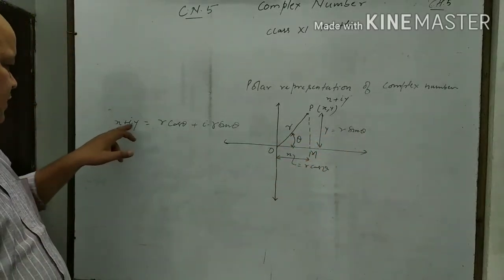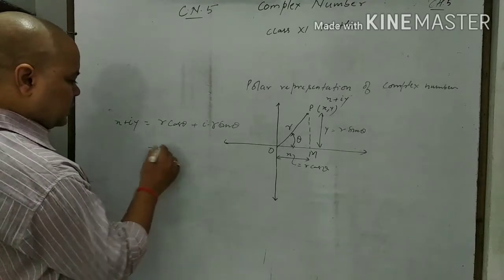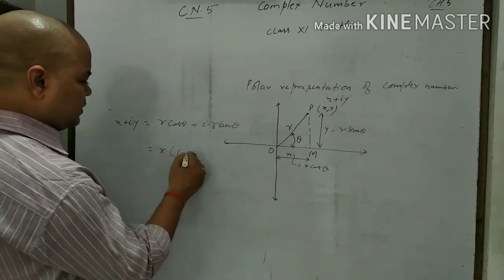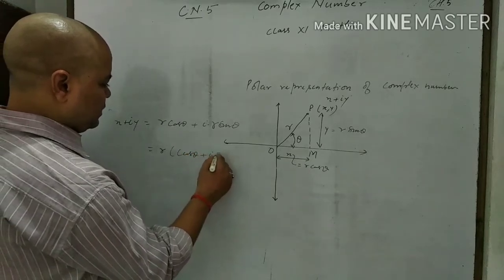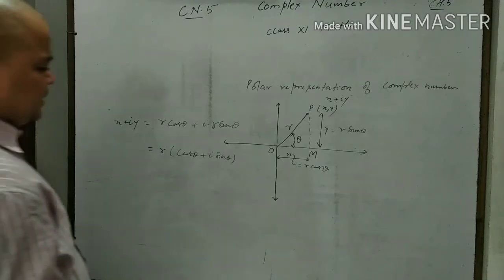Put the values of x and y here, take r common, and it will be r times cos theta plus i sin theta.